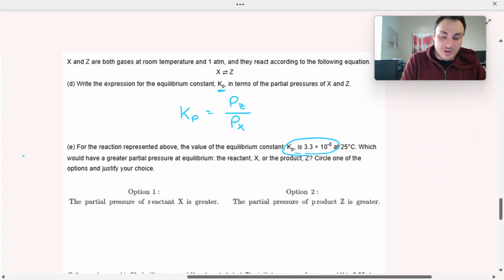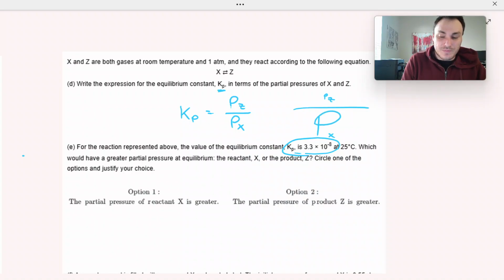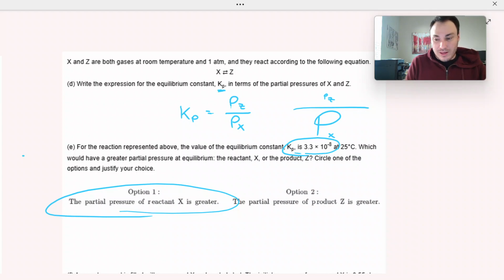If that Kp is really small, that means I should have significantly more of X than I do of Z, because if the partial pressure of X is way bigger and the denominator is way bigger than the numerator, that would lead K to be a very, very, very small number. So the partial pressure of X is going to be greater. This is my option. And we're going to justify that by saying the equilibrium constant Kp is very small.